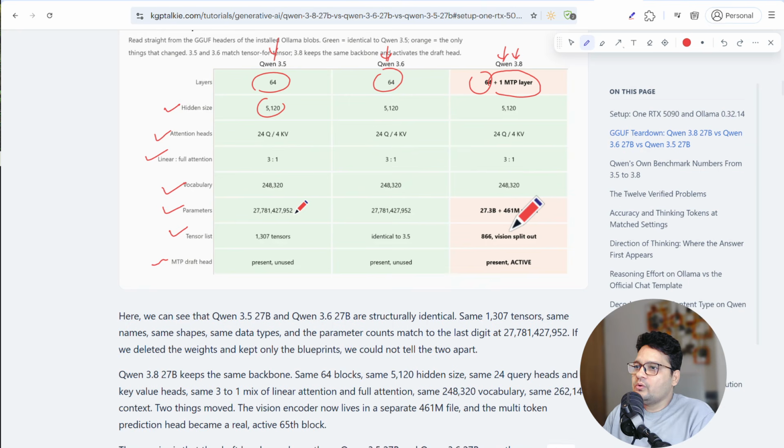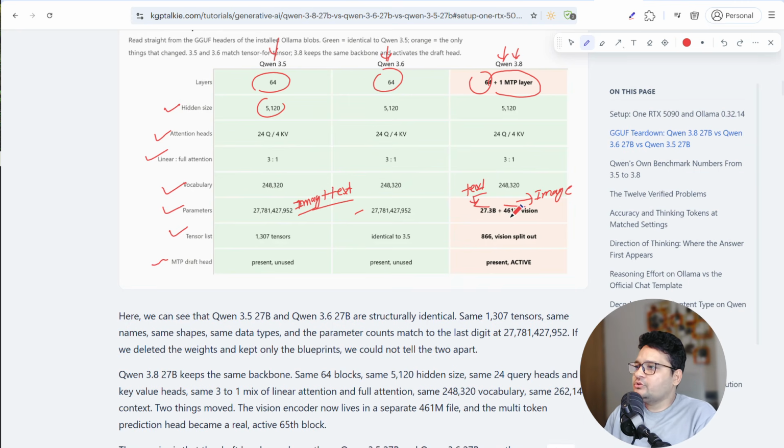Apart from that, you will notice in these models the total number of parameters had the image and text parameters together. But in the Qwen 3.8 case, they were broken down into 2 parts. This one becomes the image one, basically the vision one, and this one is actually for the text. All right, so that's the only difference.